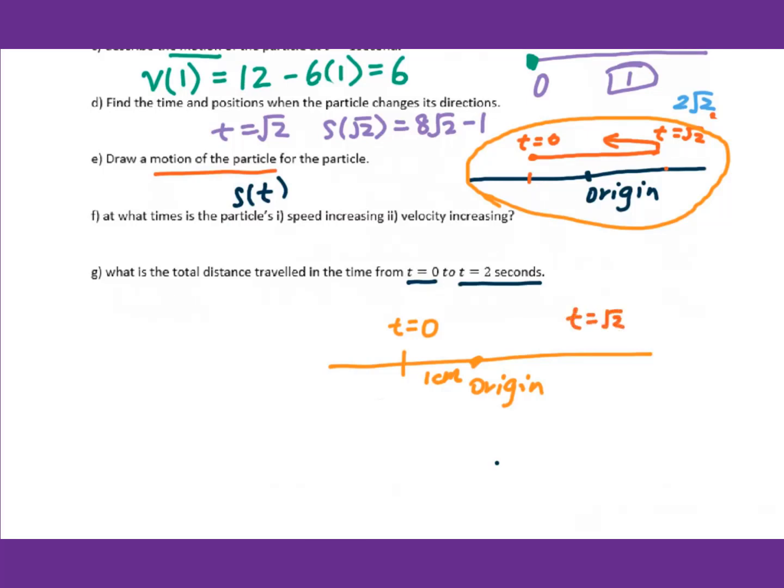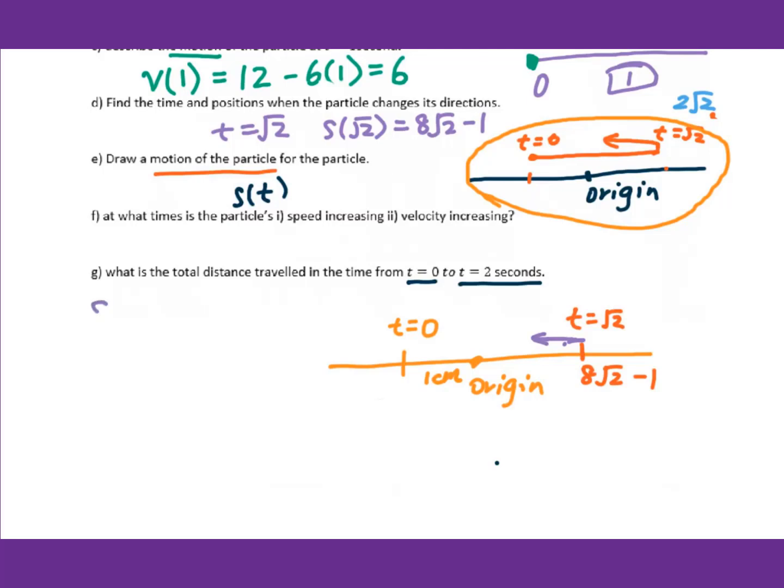We have 8 square root of 2 minus 1. Then we get back. We're looking for the distance at t equals 2 seconds, how far the particle traveled.